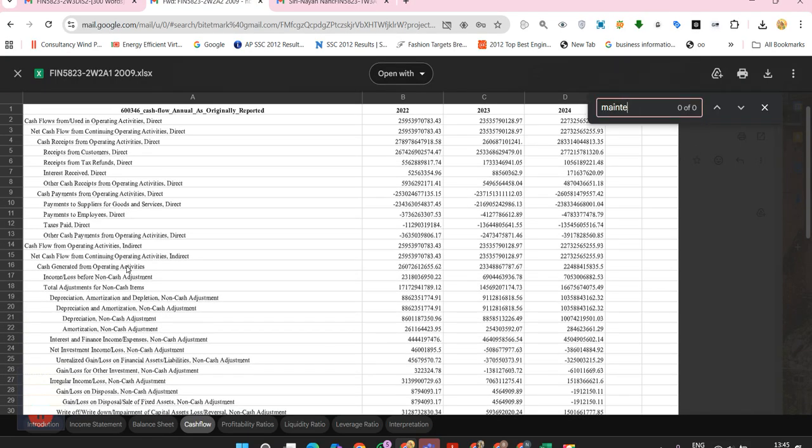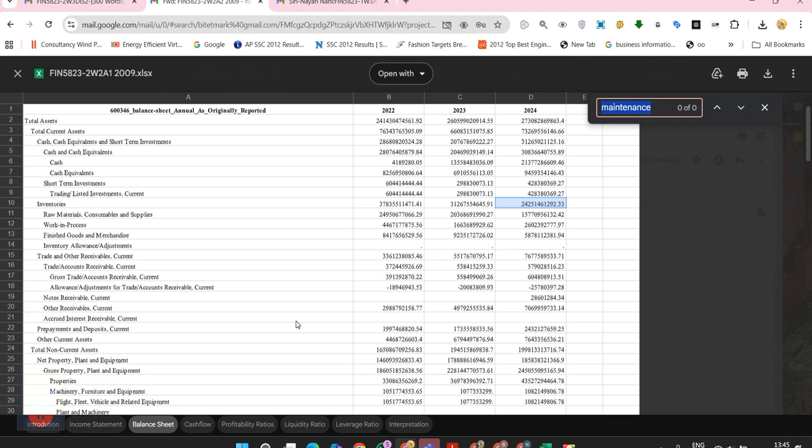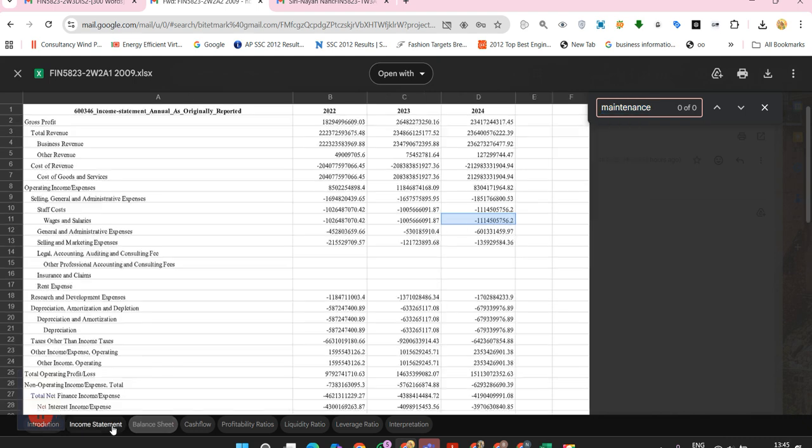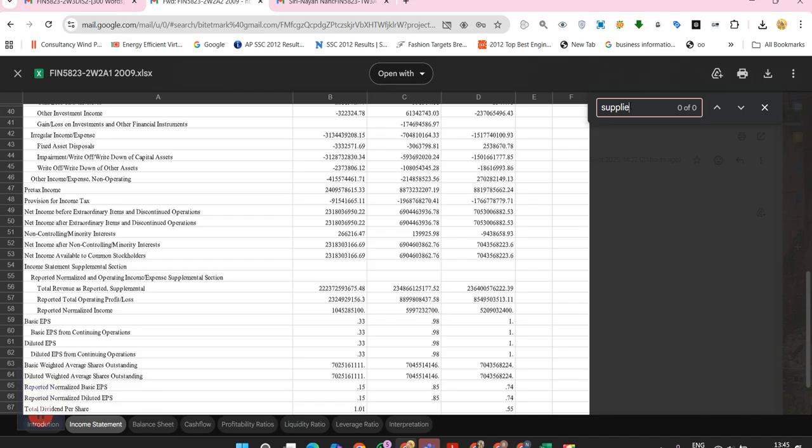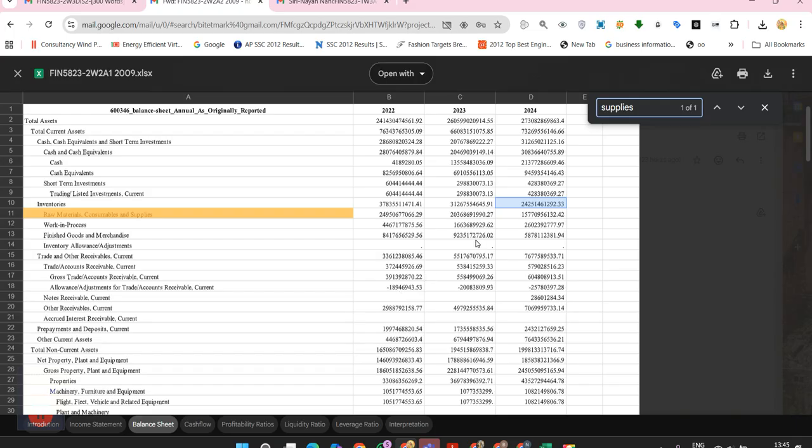Control F, maybe MAINT, maintenance. Not there. In the balance sheet, I am searching for it. Income statement, maintenance, maybe supplies. Now here, supplies is not directly given.